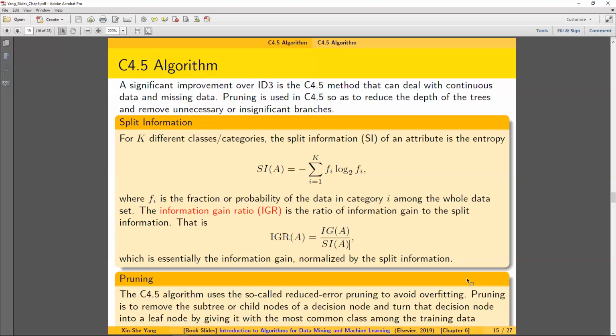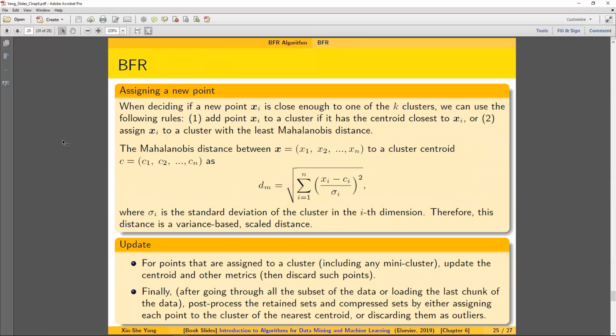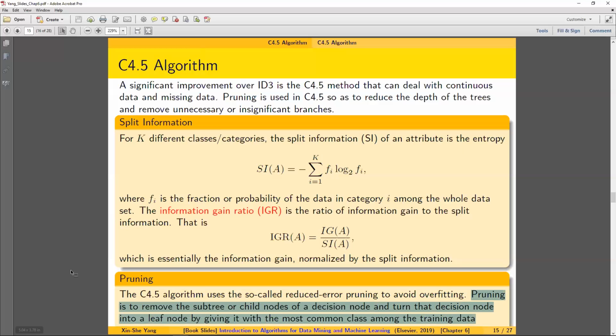So let's think about what pruning is. Pruning is to remove the subtree or child nodes of the decision node and turn the decision node into a leaf node by giving it the most common class among the training data. Essentially, at a certain point, we have to stop.